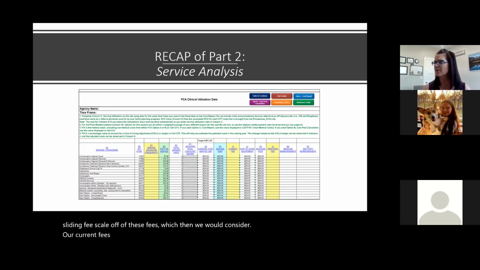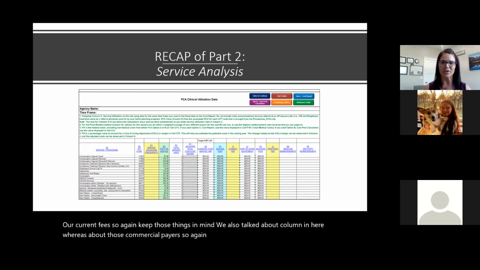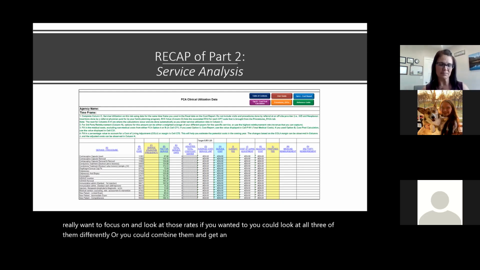We also talked about column N here, where it's about those commercial payers. So again, if you do have a commercial payer mix, maybe this is an average of your commercial payers. Maybe you have 3 of them that you really want to focus on and look at those rates. If you wanted to, you could look at all 3 of them differently, or you could combine them and get an average to really give you a better idea of where your current third-party reimbursement is sitting.